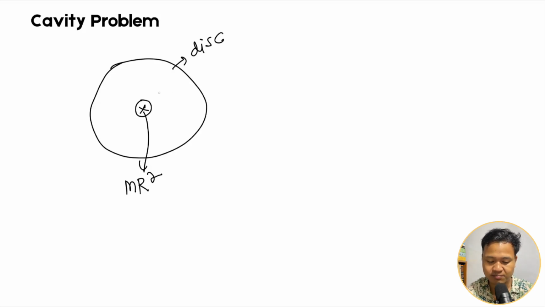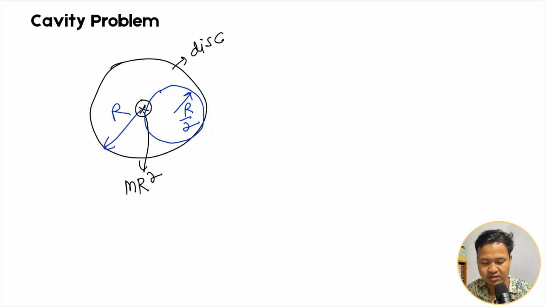Suppose I remove some part of this, some cavity, of radius r by 2, where the disk has radius r. After you remove it, about the same axis, what will be the new moment of inertia after the cavity has been created? That is the type of question asked.